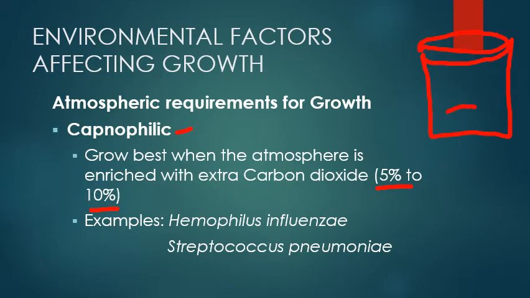we actually do the candle jar method. Ang candle jar is yung maglalagay lang kami ng candle sa loob ng jar. Paano namin na-obtain inside the laboratory yung 5% to 10% carbon dioxide, we use a candle jar.